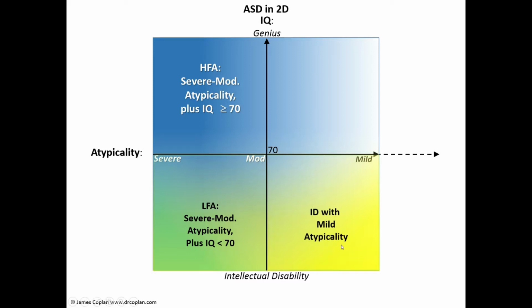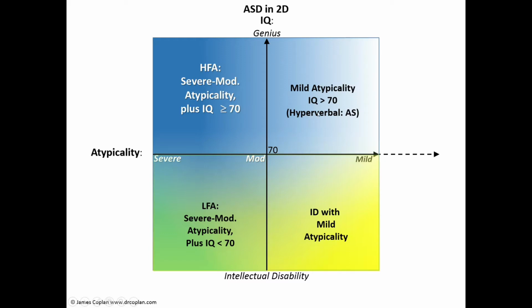Down here we have kids who have predominantly intellectual disability. That's their larger issue, with a touch of atypicality. So mild atypicality, but their predominant issue is intellectual disability. And then in the upper right-hand quadrant, we have individuals who also have mild atypicality with IQ in the normal range.